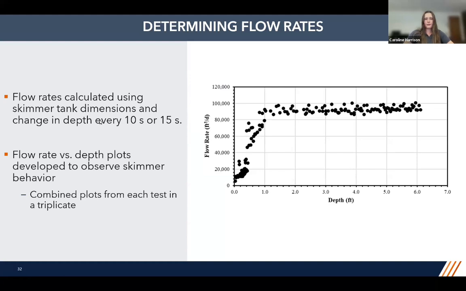This graph that you can see on the right is showing our 8-inch sediment basin skimmer set to 100% open. And this graph, as I said, is read left to right. So it starts at our greatest depth and then goes all the way down to our 0 depth, and our flow rate decreases from there. Triplicate tests for our configurations were plotted together for comparison.